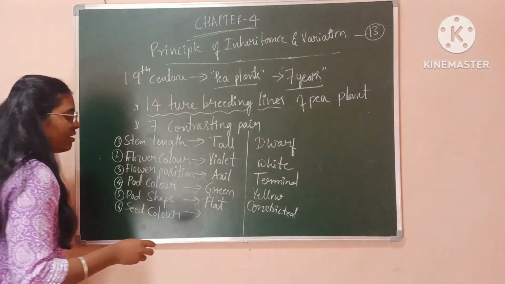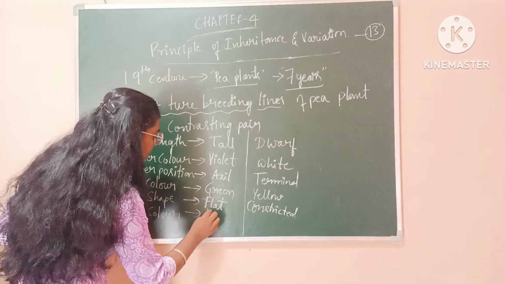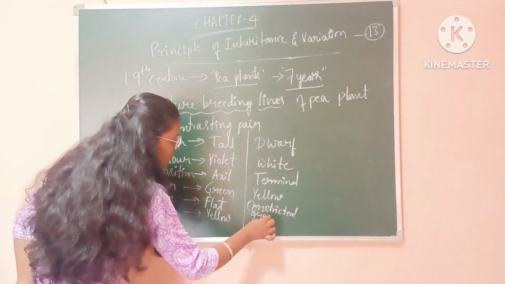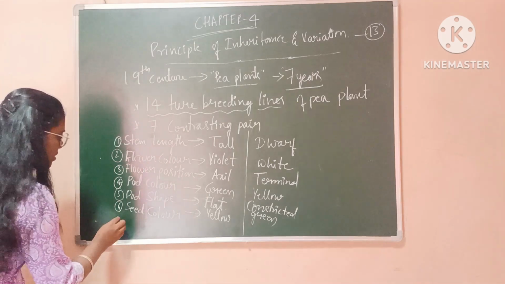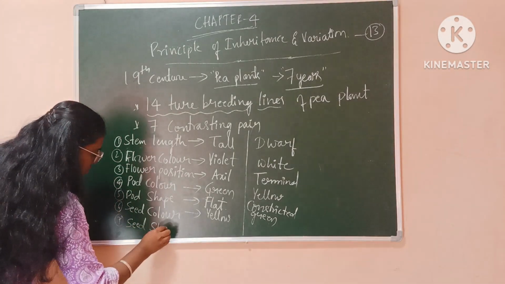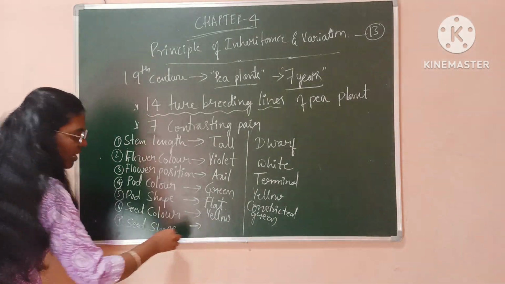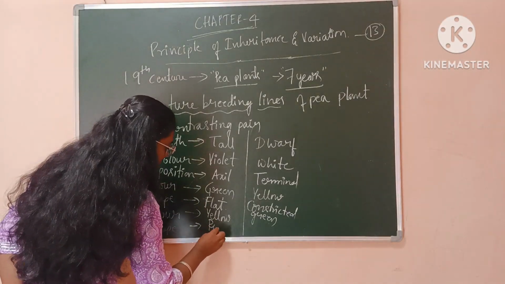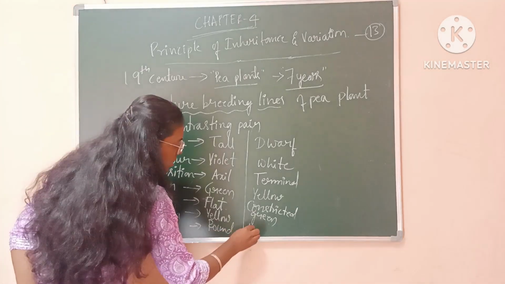In seed color, the contrasting characters are yellow and green. And seed shape. In seed shape again we have two characters, round and wrinkled.